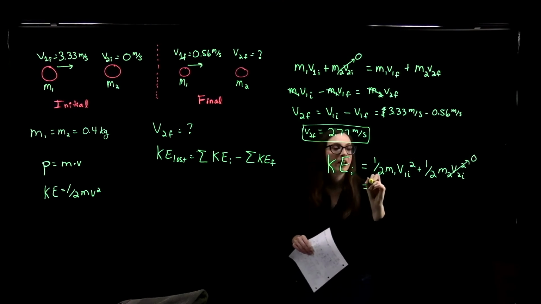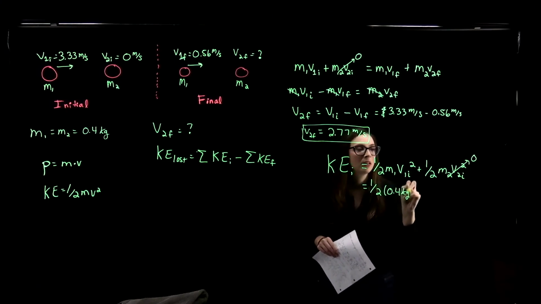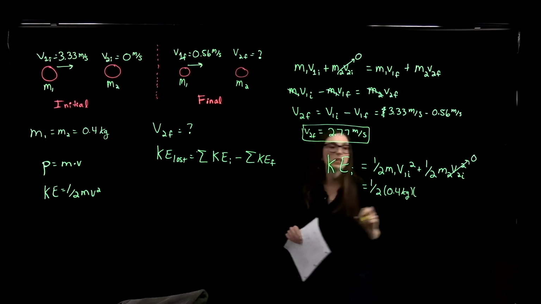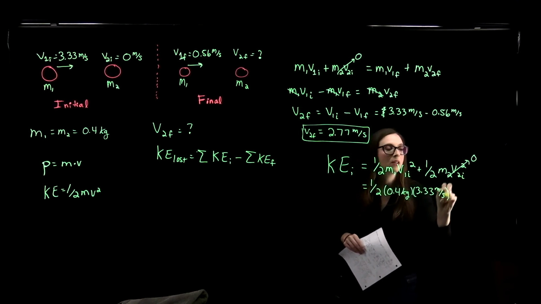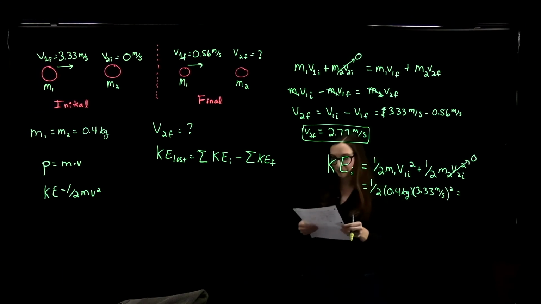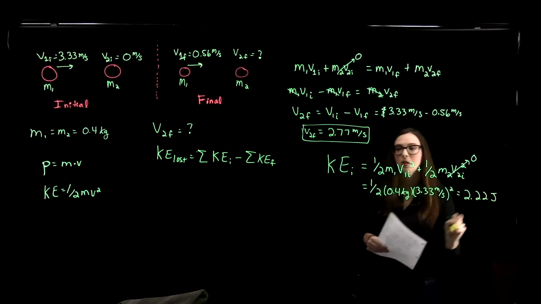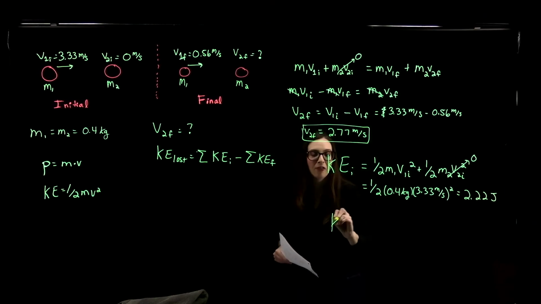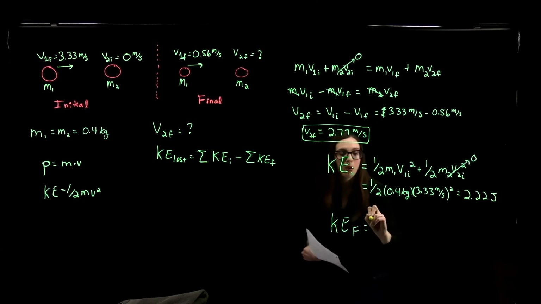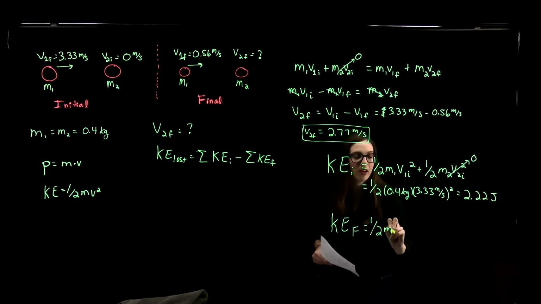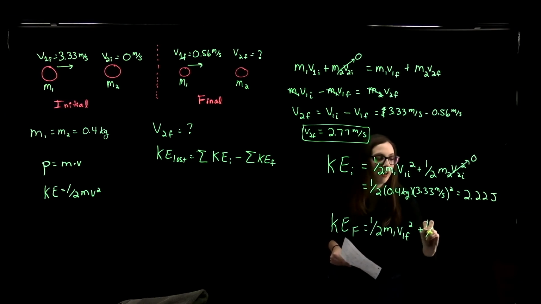So our initial kinetic energy is just 1/2 times our 0.4 kilogram mass times our initial velocity squared, 3.33 meters per second squared, and that equals 2.22 joules.